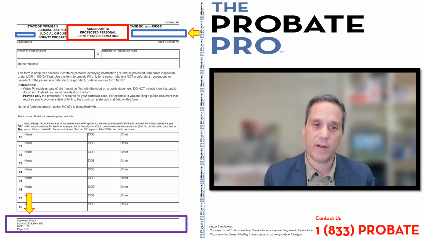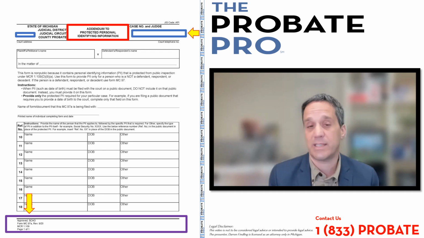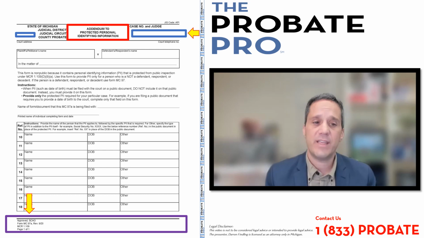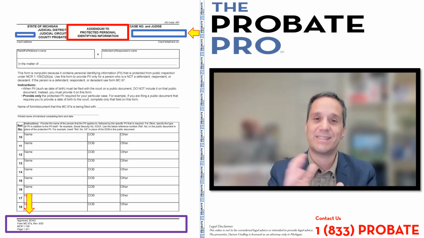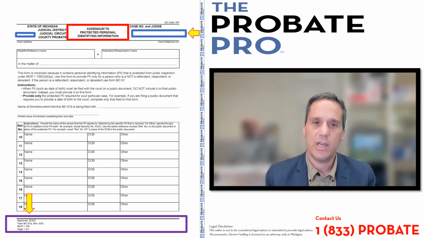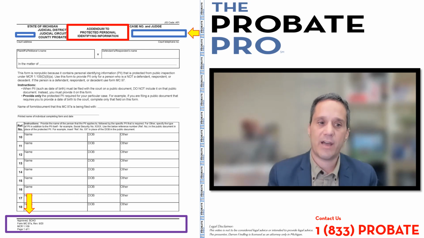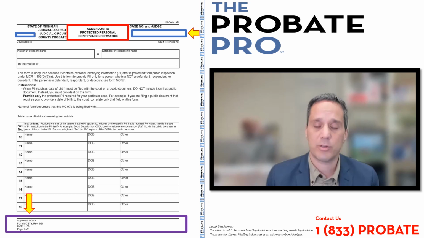Now, the governing rule 1.109 provides that certain sensitive information like dates of birth, social security numbers, and passport numbers are going to be segregated from the public viewing of the court file and available to the court, but not available to the general public, and surely not available for search, for obvious reasons because of so much fraud that occurs with identity theft.